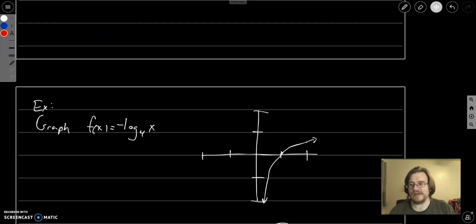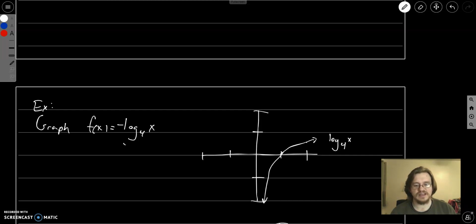So again, we can have a vertical shift by adding 1 to the function. Here, let's look at what happens if we multiply the function by a negative number. So here I have log base 4 of x again. And if we make all of the heights negative, this is a reflection about the x-axis. We're taking all of the positive values and flipping them over to be negative.